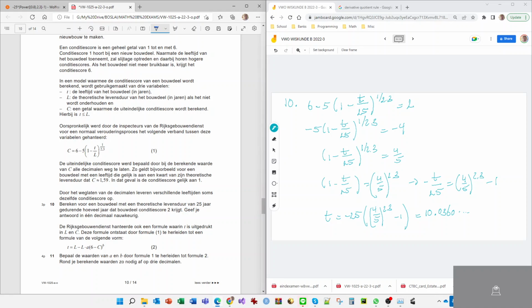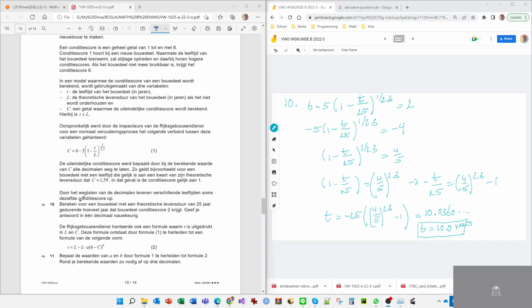That means the answer is then 10.0 years. So at 10 years it will have condition score 2.